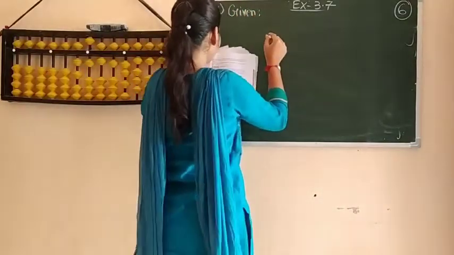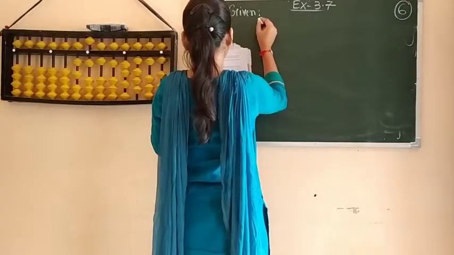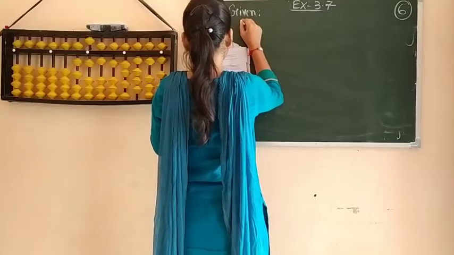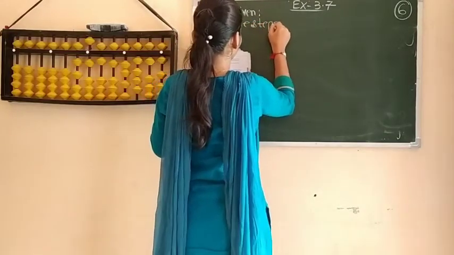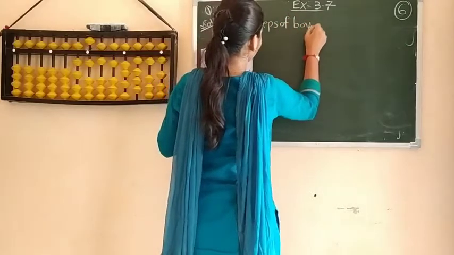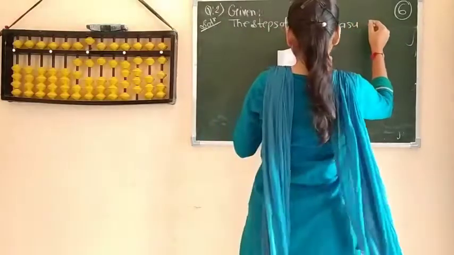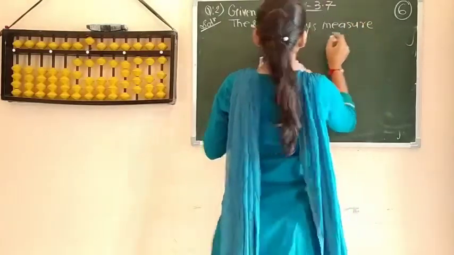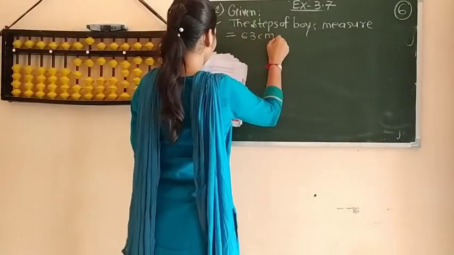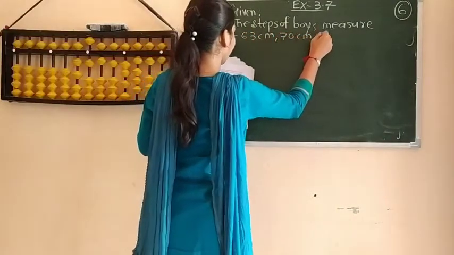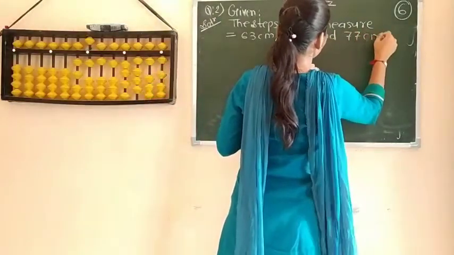So first we have to write the given things. What is given to you? The measures of the steps of the boys: 63 centimeter, then 70 centimeter, and at last, as 3 boys were there, 77 centimeter.